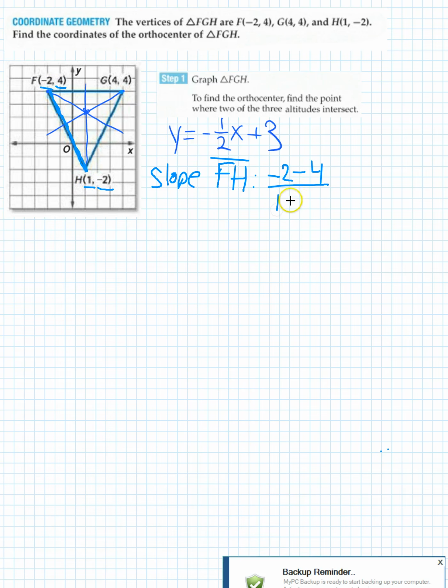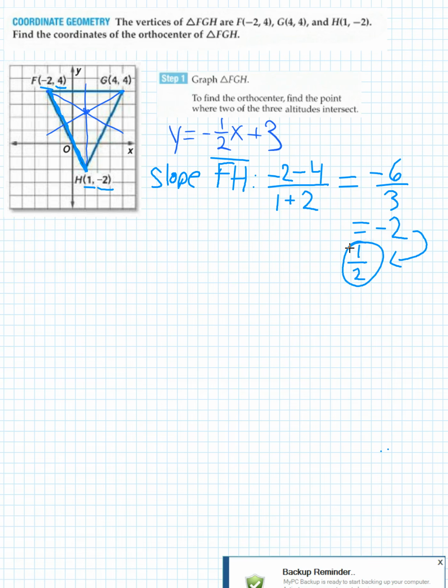So 1 minus a negative 2, which is the same as just plus 2. Okay, finding that slope, that would become a negative 6 over 3, which is just negative 2. And we want the slope of the line perpendicular to that one, which would be a positive 1 over 2.